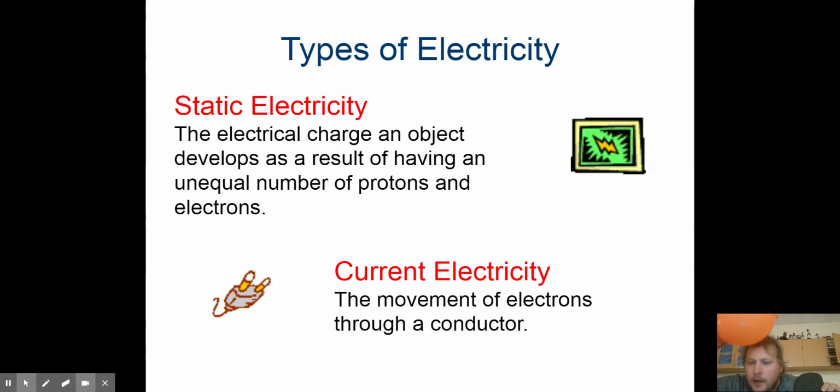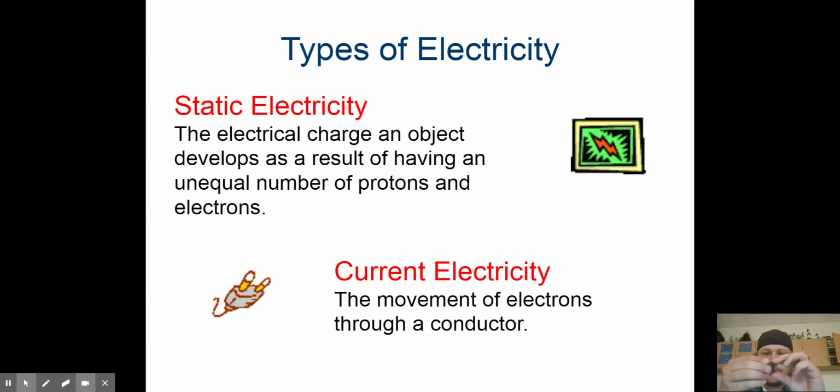What we're talking about is an unequal number of protons and electrons. Remember, protons are positively charged, electrons negatively charged. Basically, the way we talk about static electricity is that just like a person or an animal, everything wants to get back to normal. And when we say normal, that means an equal number of protons and electrons, because with the magnets, we know that opposites attract.